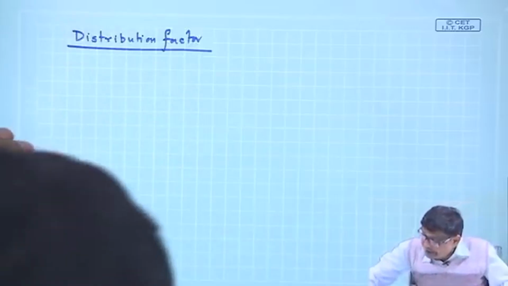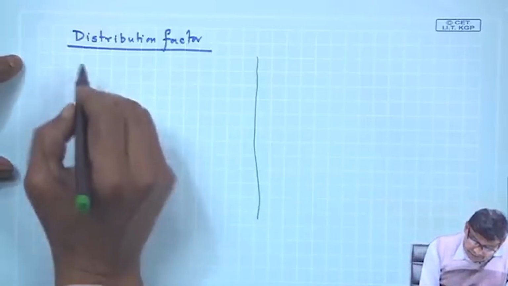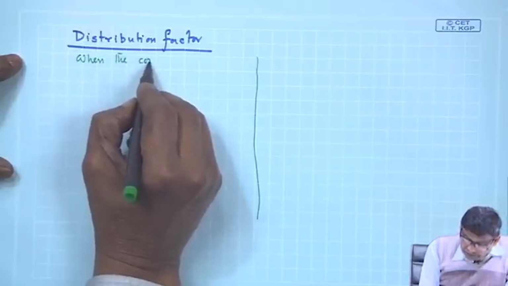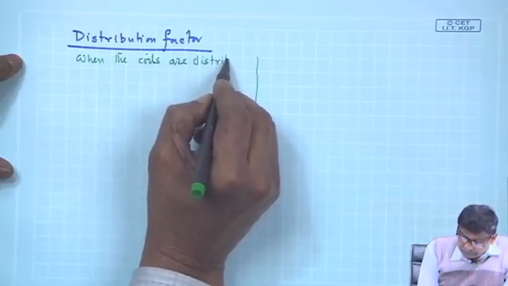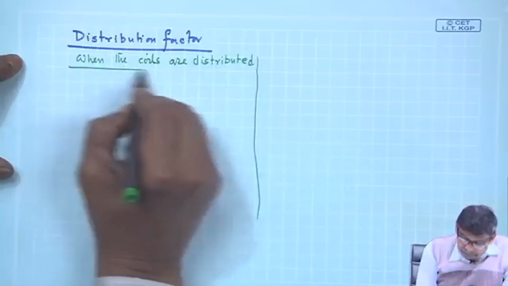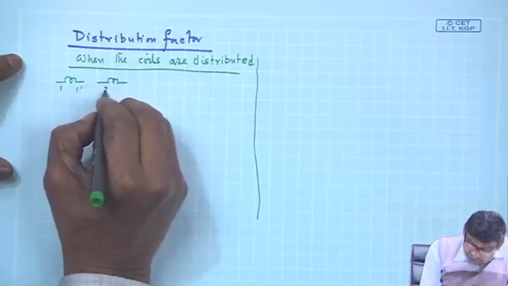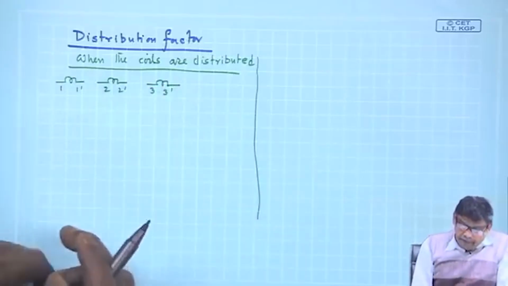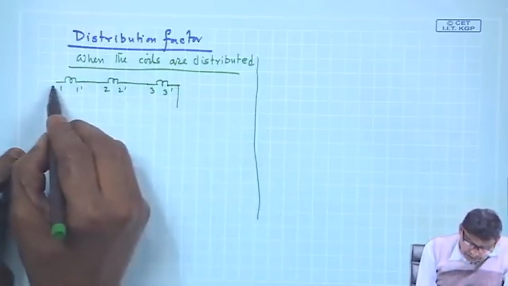Okay. So, let me redraw it. Here I will draw a vertical line, and here when the coils are distributed, the connection is the same: 1 1 dashed, 2 2 dashed and 3 3 dashed, and I will connect them in series, and I will examine this resultant voltage.